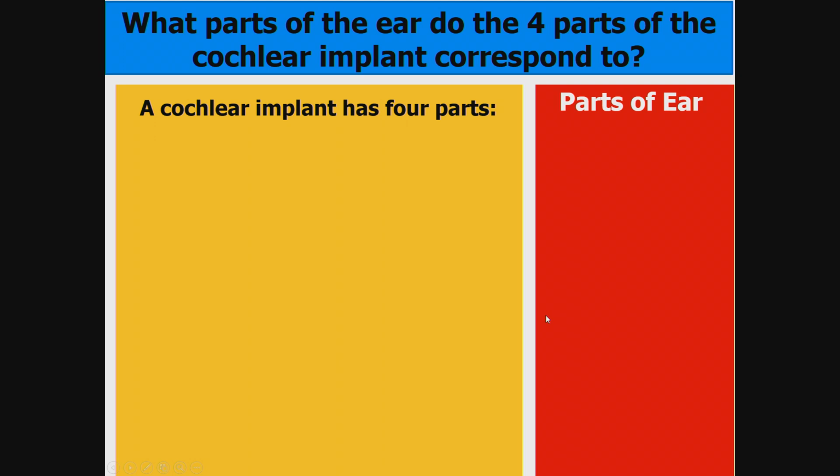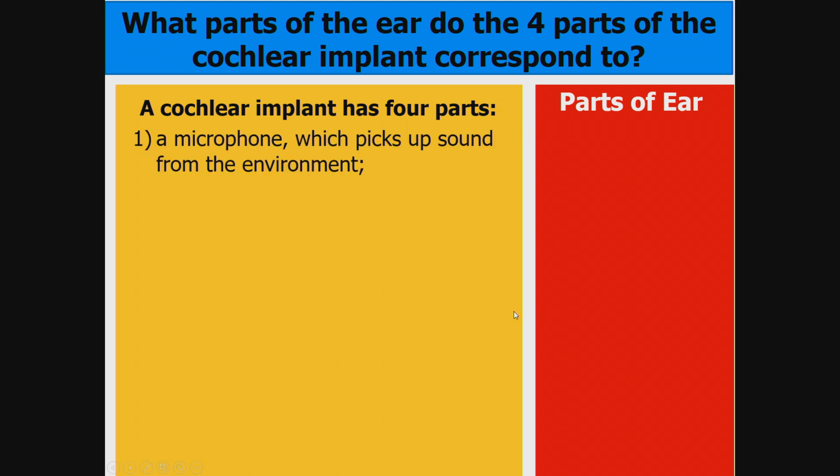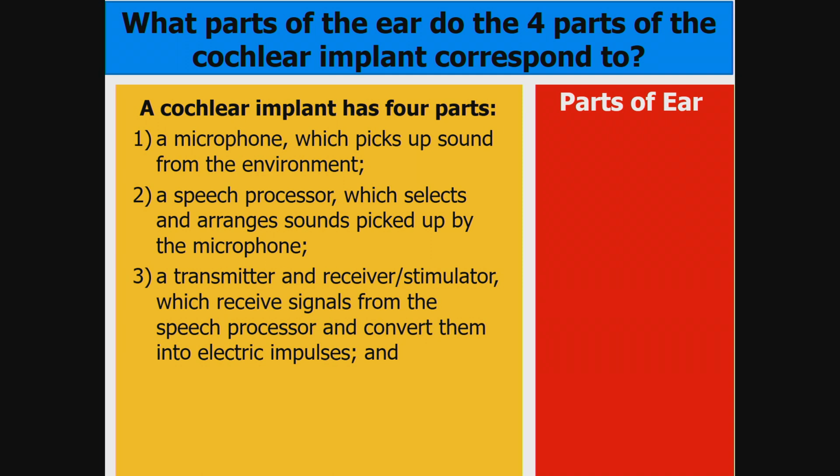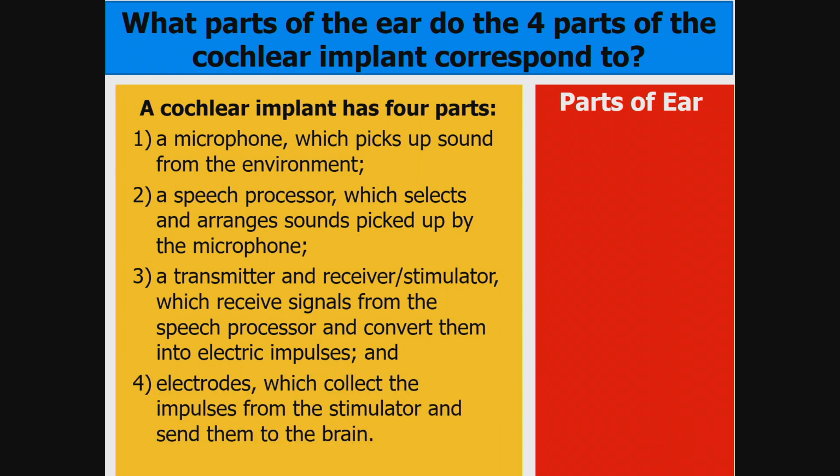So the cochlear implant has 4 main parts: a microphone, which picks up sound from the environment, a speech processor, which selects and arranges sounds picked up by the microphone, a transmitter and receiver stimulator, which receives signals from the speech processor and convert them into electric impulses, and electrodes, which collect the impulses from the stimulator and send them to the brain. So let's talk about the parts of the ear that it corresponds to.